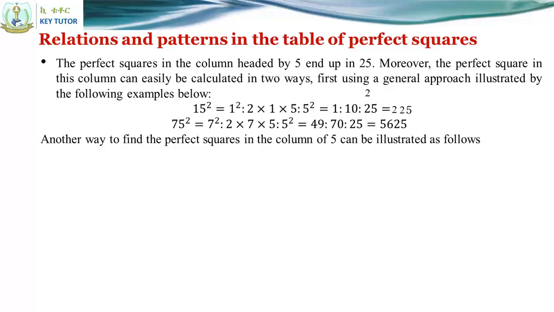To determine the numbers in the column of 5 as a whole, we can have two ways. One is a general method, another is a particular method for the column. For the general method, consider 15. Okay, 15 square. It has units digit 5 and tens digit 1.